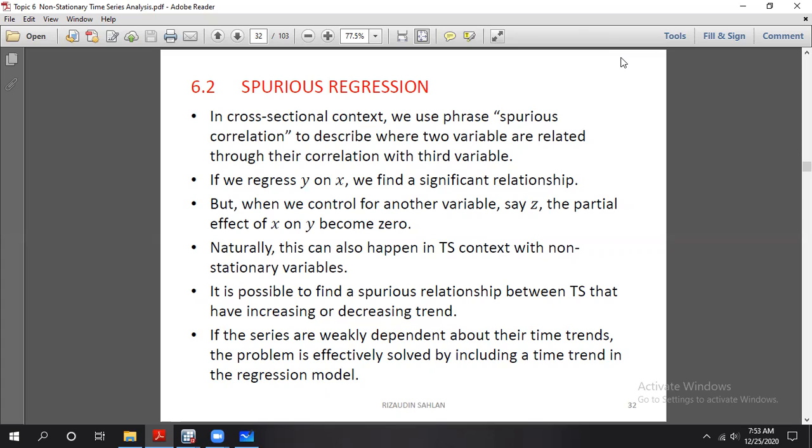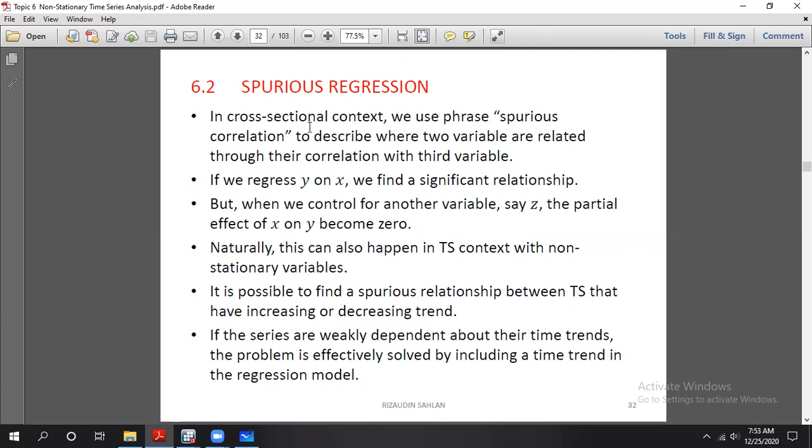If the time series we use in our model is non-stationary, it means that our regression may lead to spurious regression. So what is the meaning of spurious regression?